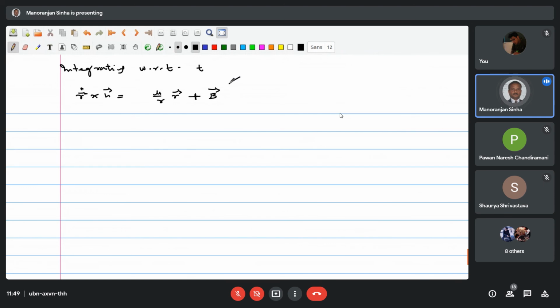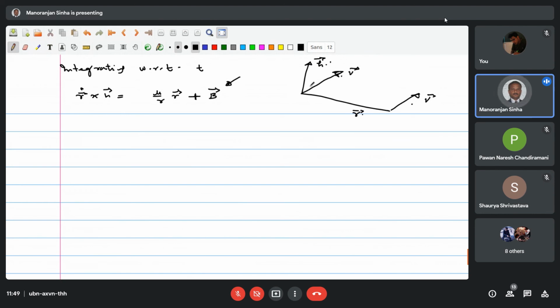this b vector, which is different than what we have written earlier. This is a standard notation used here. Now we can see here that if this is the r vector and this is the v vector, which will be perpendicular to both of them. And h cross r dot, meaning the v vector, is here.